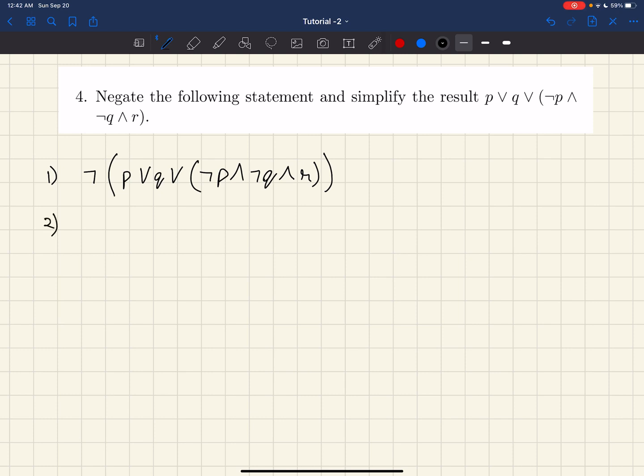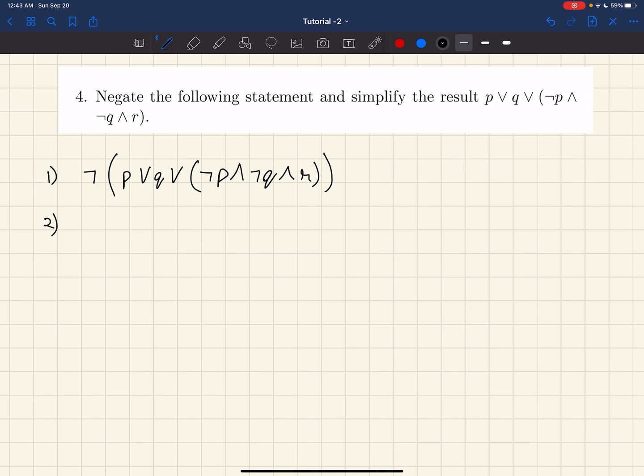The next one which will follow is taking this not within the first bracket. So when you put the not inside, your variables are notted, and your conjunctions become disjunctions and your disjunctions become conjunctions. So this is called De Morgan's law.